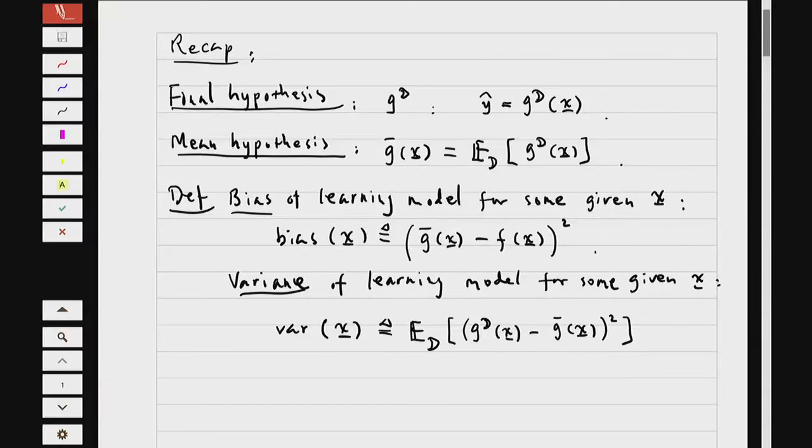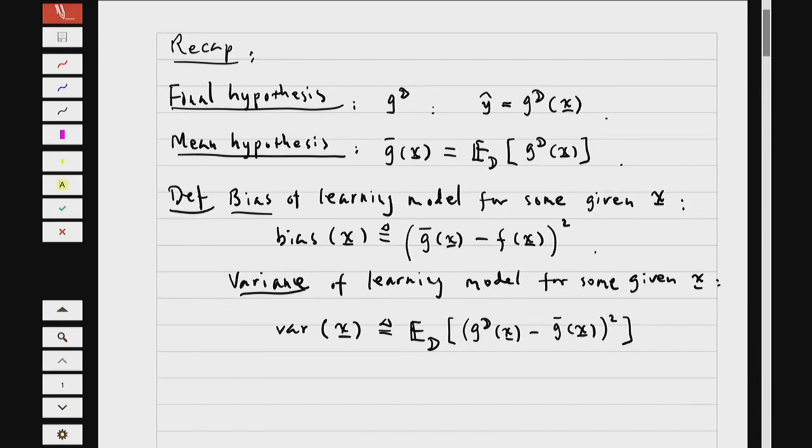First of all, we recognize that the final hypothesis that we choose after training depends on the training data set that we have, obviously, right? And the training data set, the data points are chosen at random. So the training data set itself is a random quantity. Therefore, our final hypothesis is also a random quantity. So we denote it by g^(D).